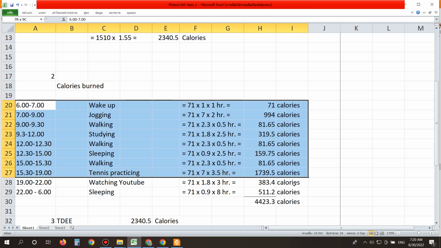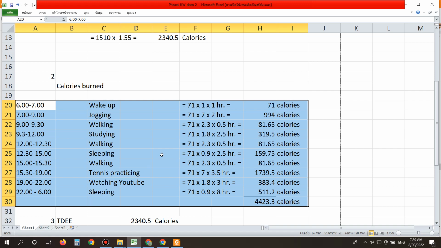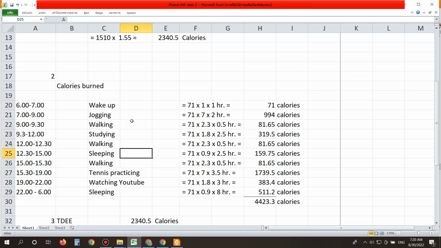I don't use my real activity for 100%, but it's almost 70%. It will start when you wake up. I wake up at 6 to 7 o'clock.